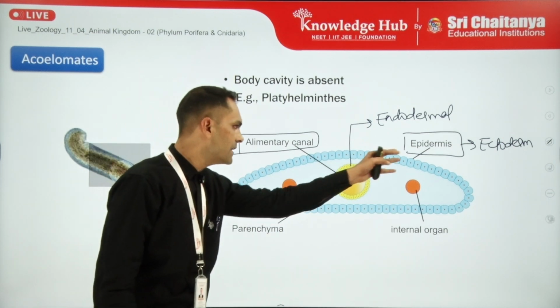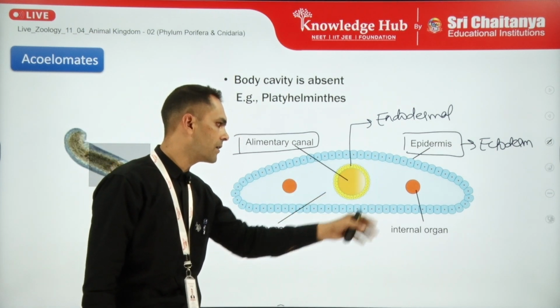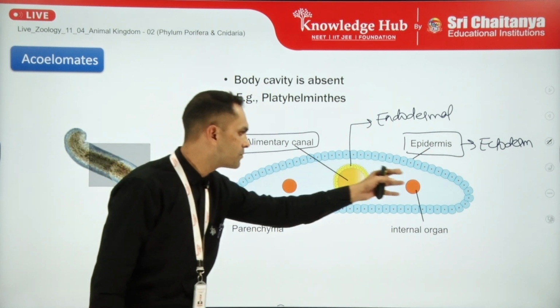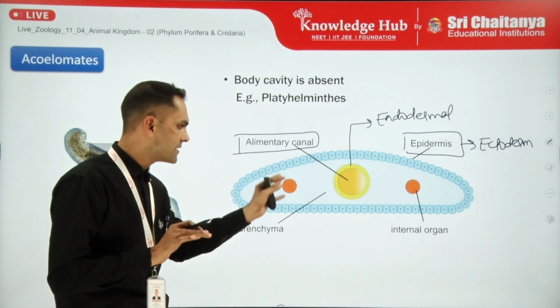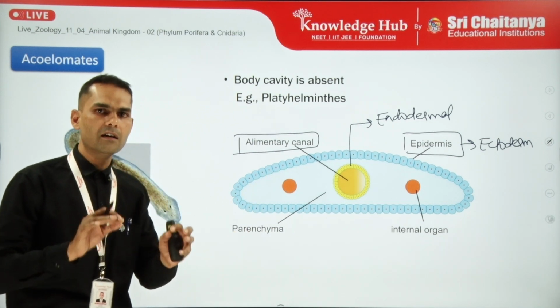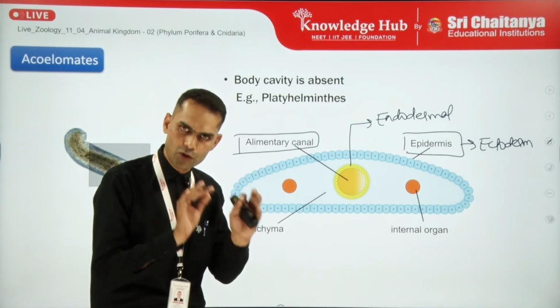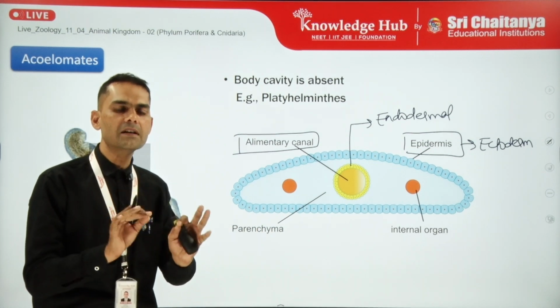And between the ectoderm and this endoderm, we can see that a body cavity seems to be present, but this is not a real cavity. It is actually filled with mesodermal origin tissue. We term it mesenchymal tissue.